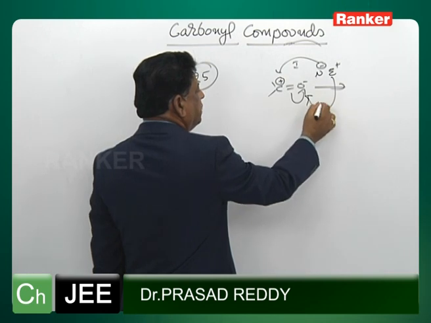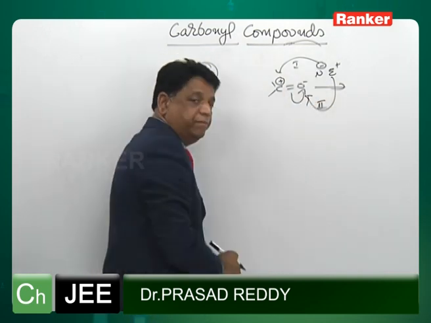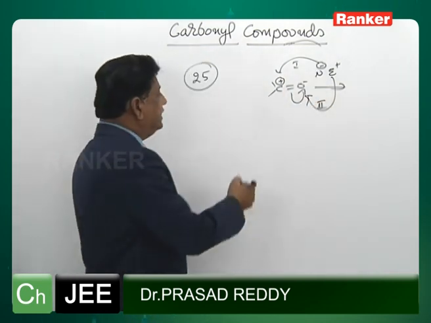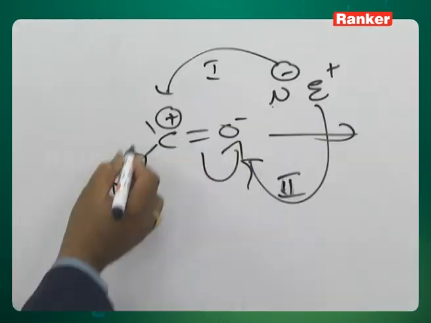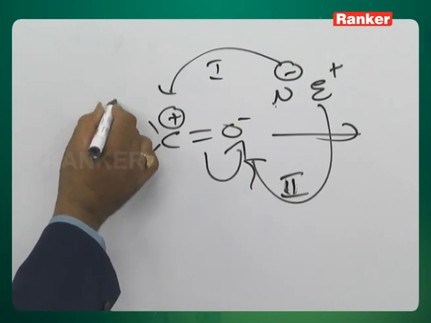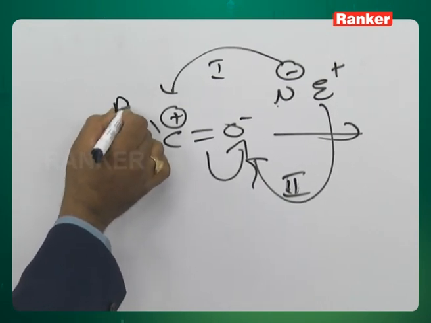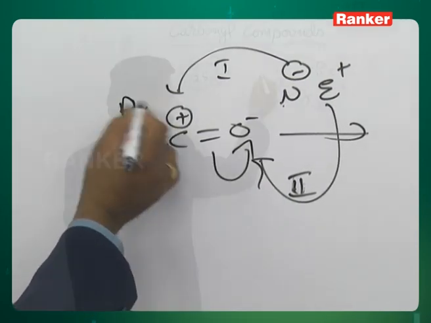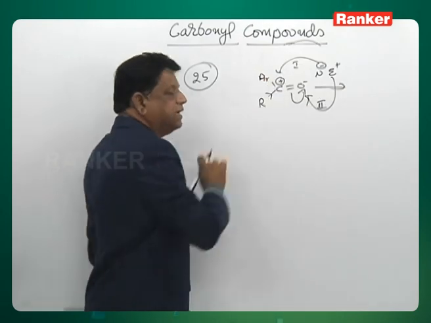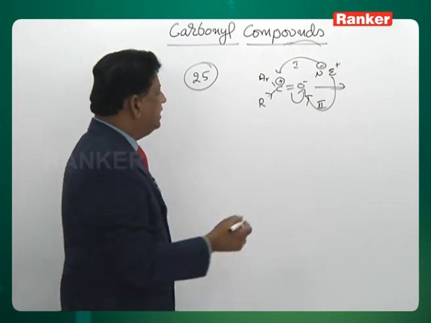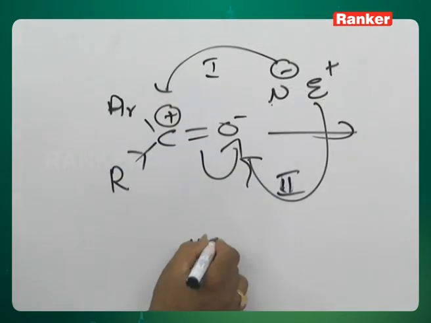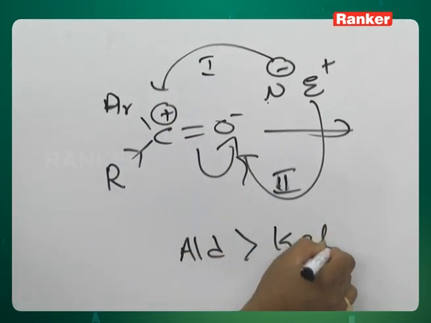Toward that reaction, if an alkyl group is there, inductive effect decreases. If an aromatic group like benzene is there, the plus M effect stabilizes. Steric hindrance also decreases. So the smaller the aldehyde, the more reactive, and all aldehydes are more reactive than ketones, right?